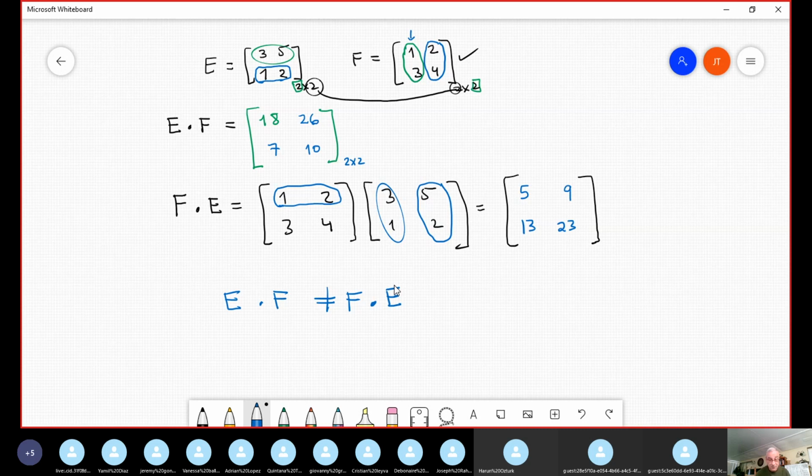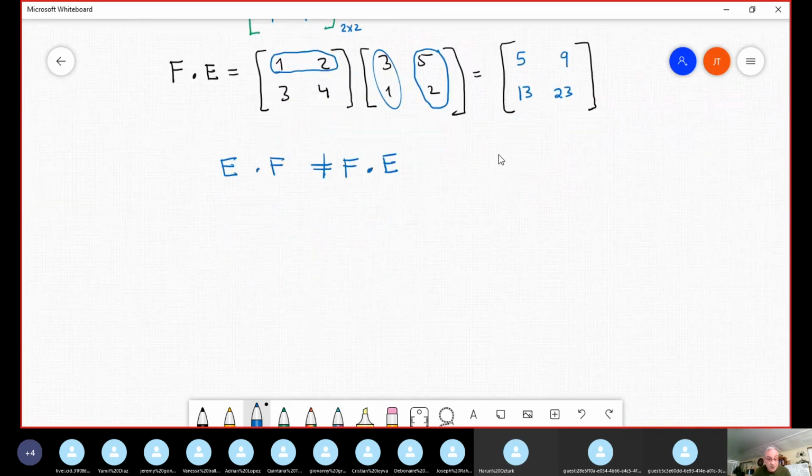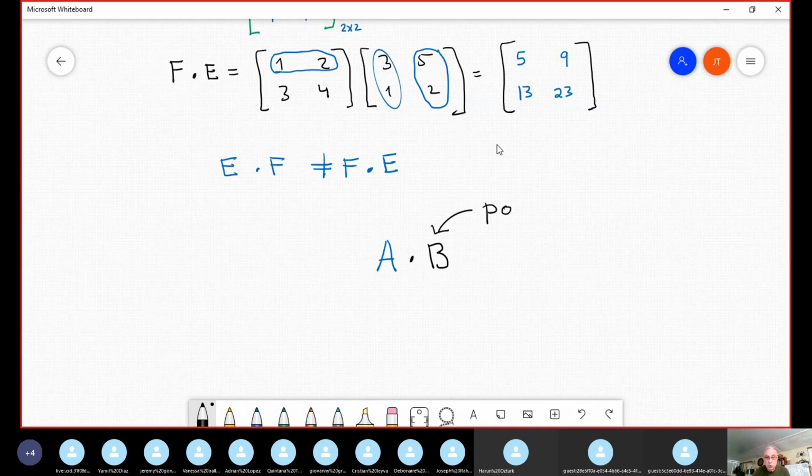Therefore, when you are doing the algebra of matrices, suppose that I have one matrix, A, and you multiply by B. This operation is called post-multiply. Post is like after.